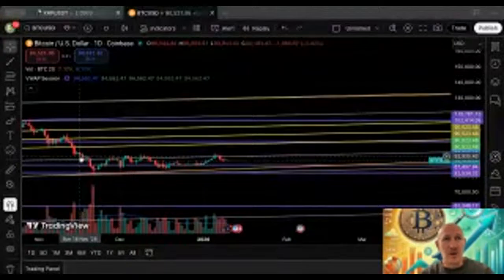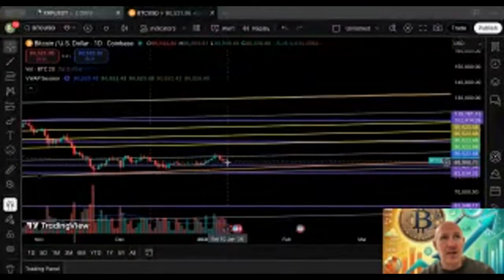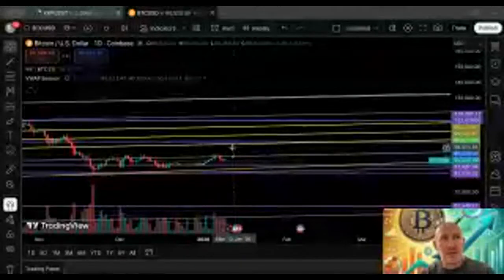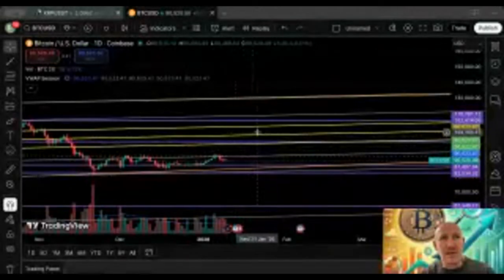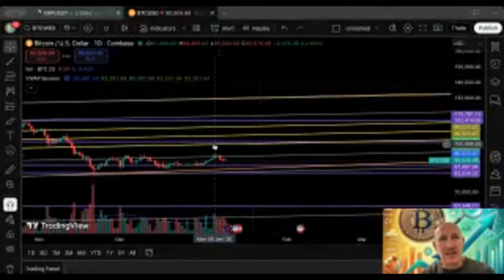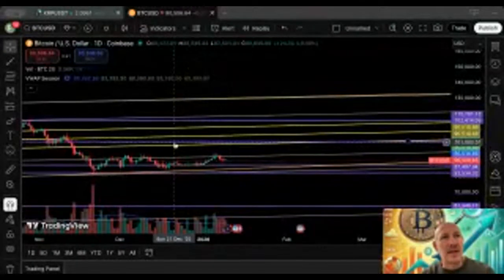And what I mean by hold is it goes above, retests this level, and then continues higher to this next level here. Until that happens, be careful out there.